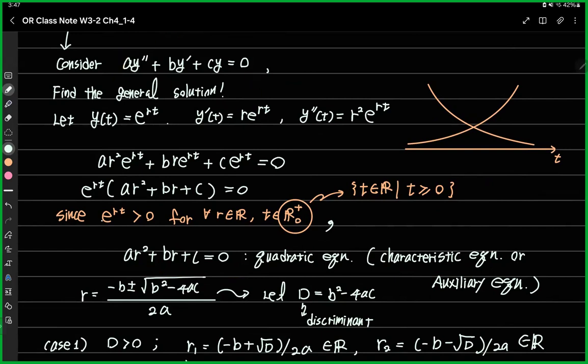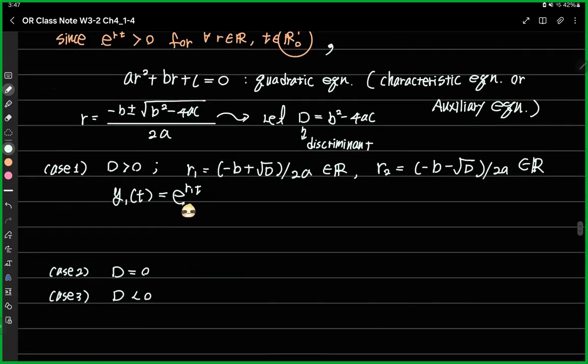When R satisfies that characteristic equation, then e to the rt must satisfy that differential equation. That's why e to the R1 t must be a solution, and y sub 2 of t defined by e to the R2 t is also a solution.